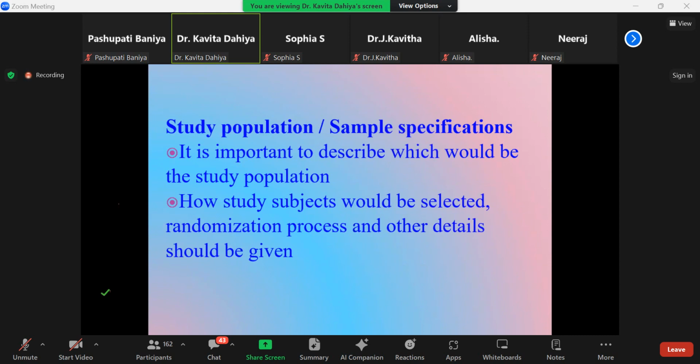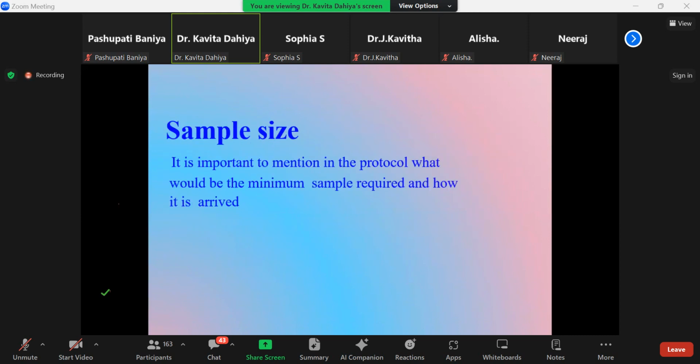If the population is large, then only you select a sample; otherwise, you can study the whole population if it is small in size. It is important to describe the study population, how the study subjects would be selected, the randomization process, and other details should be given in detail.